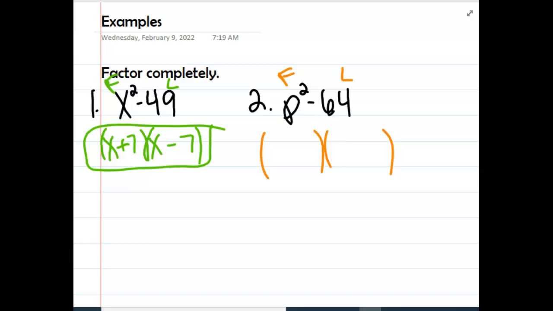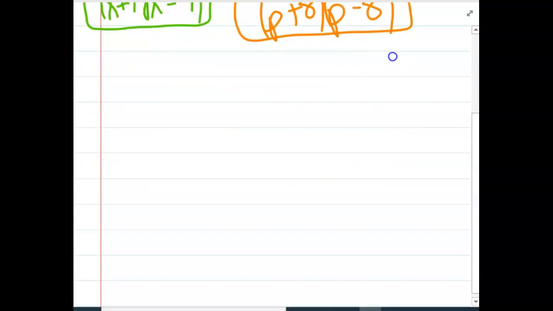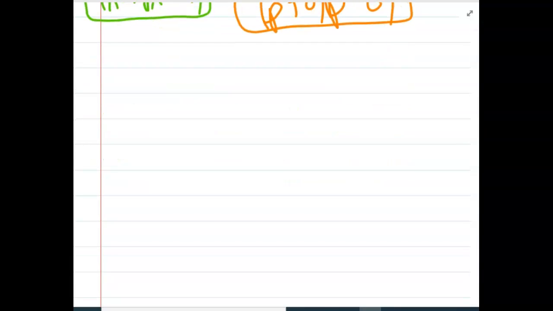P times p. What times what gives me negative 64? Plus 8, minus 8. That's this factor. See how easy that is today? Super easy.